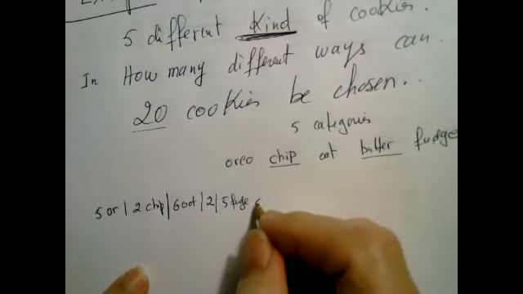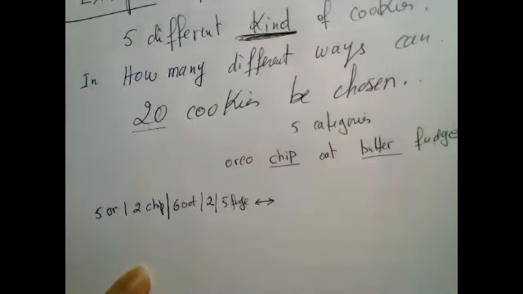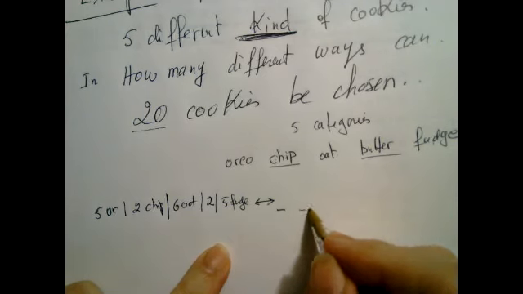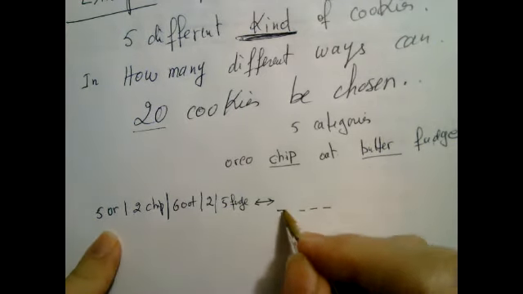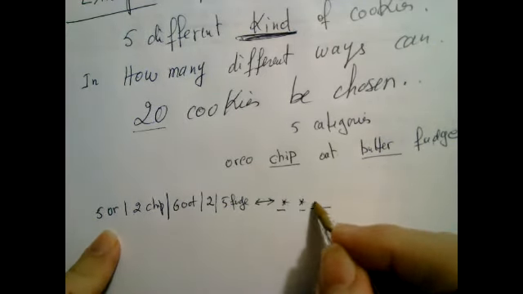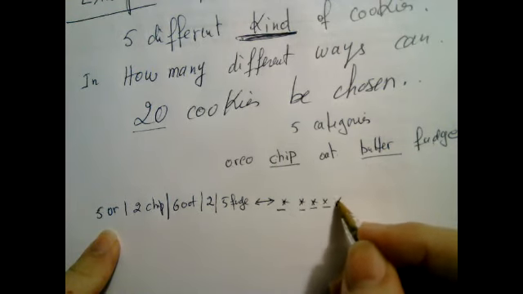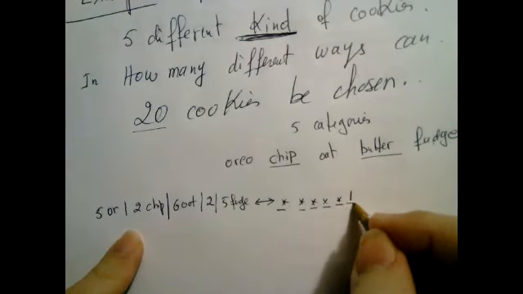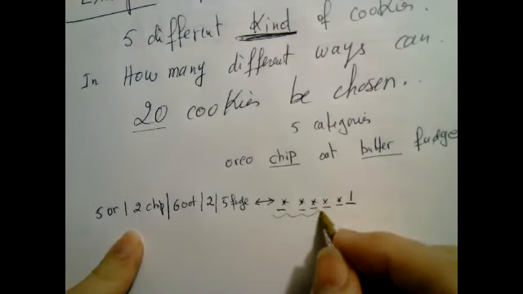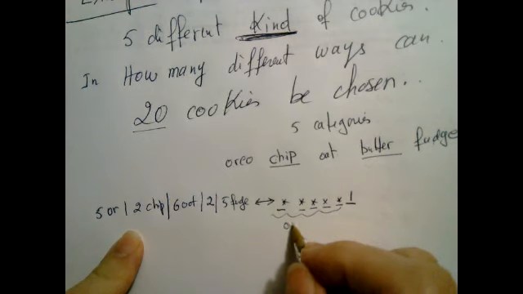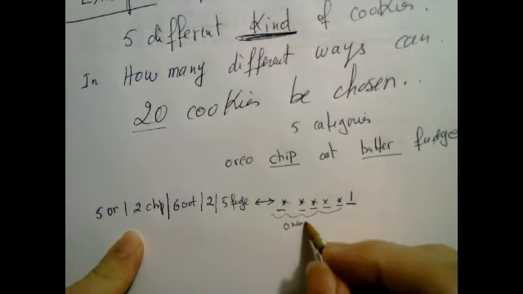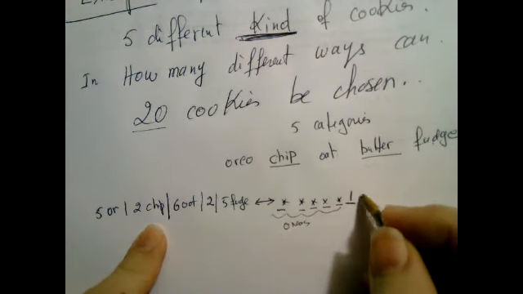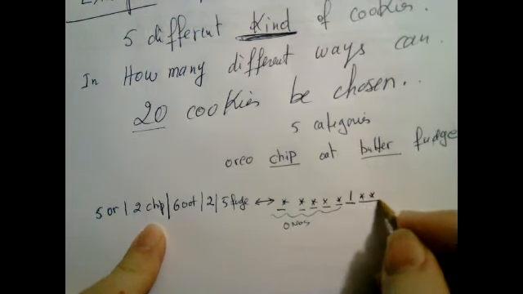All right, so we're going to associate to that selection the following string. The 5 Oreos, we associate to them 5 stars. That's the string. And then one bar I'm using to separate the first category, which is Oreos, from the second category, which is the chocolate chip.